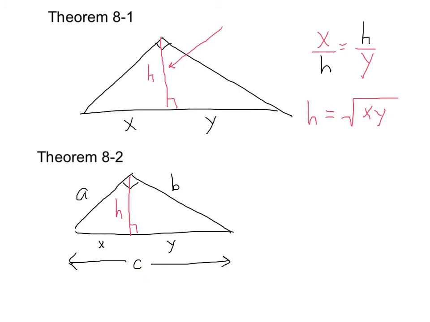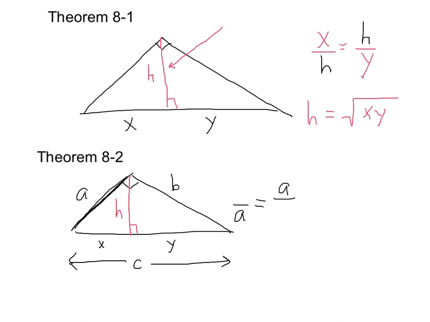And the theorem says this, that the length of A is the geometric mean between the length of the entire hypotenuse and the little part of the hypotenuse. So if we write that out, the length of A is the geometric mean between the entire hypotenuse and the little segment x.